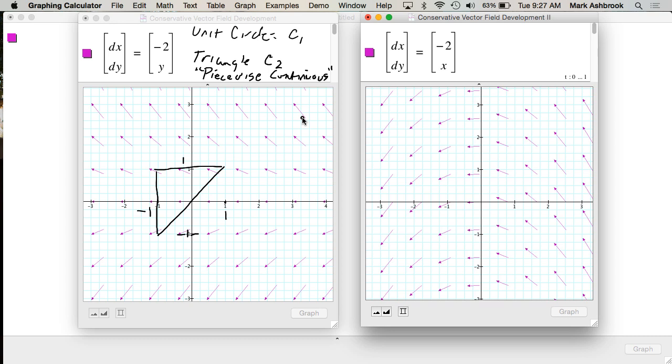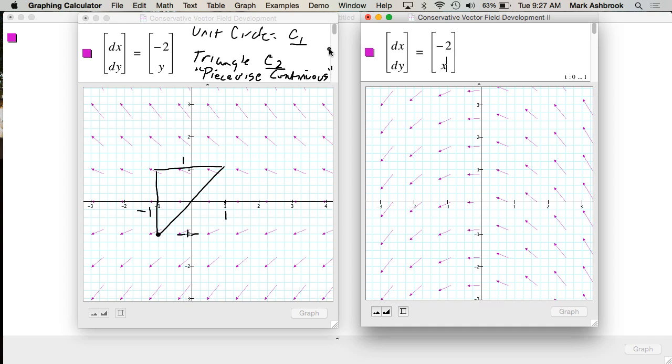So I want you to write the vector function for C1, and then the vector function for C2, which will actually be 3 pieces joined together. It doesn't really matter in the end, but we'll start here. We're just going to find C1 and C2 now, just develop the vector functions for those paths.